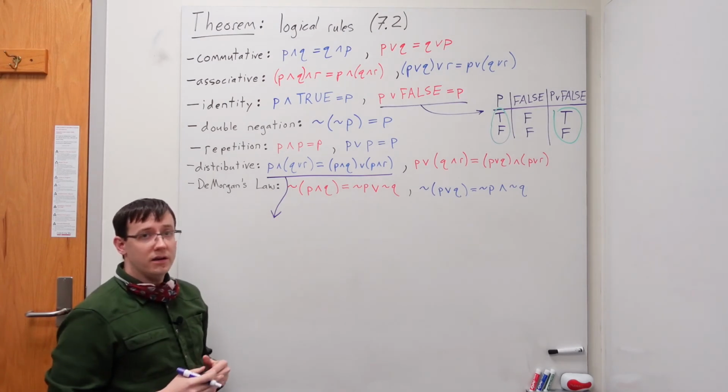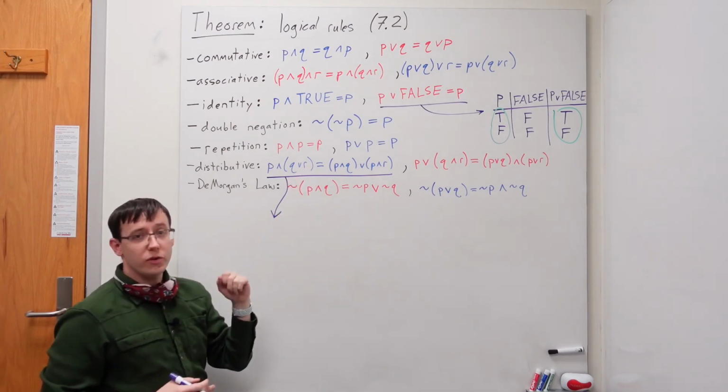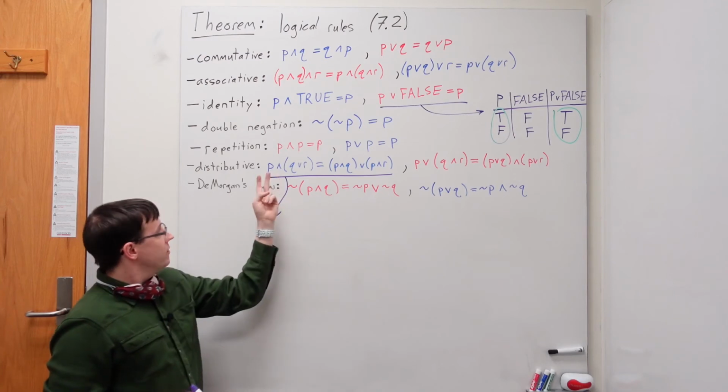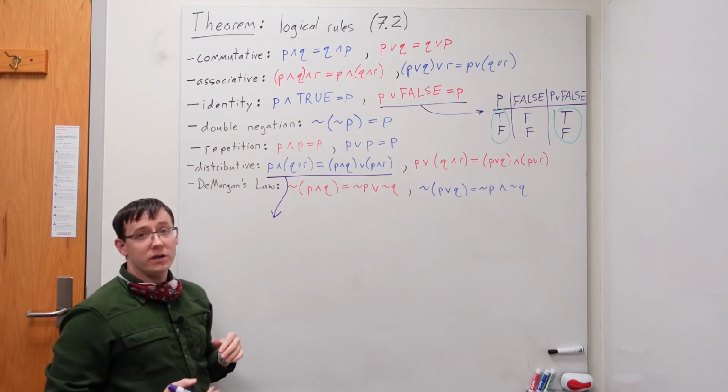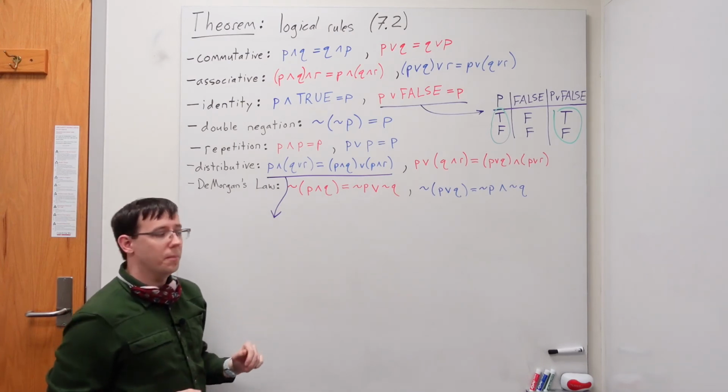Now let's take on a tougher example, one of the distributive rules. And here we have expressions with 3 variables, and so that means that we're going to need an 8-row truth table.